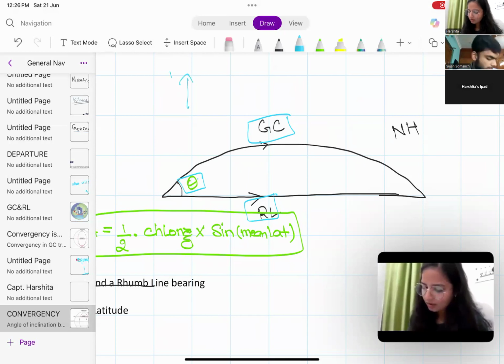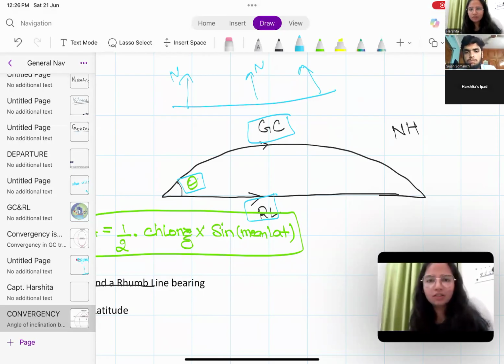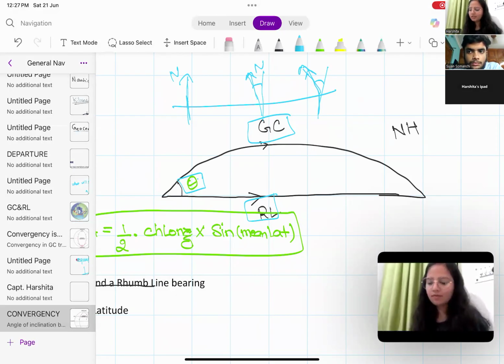Now we need to apply convergency because the north keeps changing from one meridian to other. At one meridian, north might look like this. At other meridian, the north might look like this. At third meridian, the north would look like this. So the north is changing. See, the angle between the norths is changing. Do you agree to this?